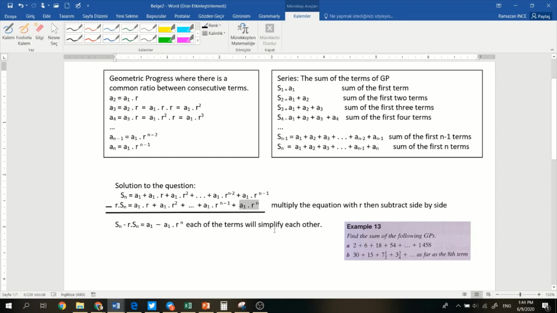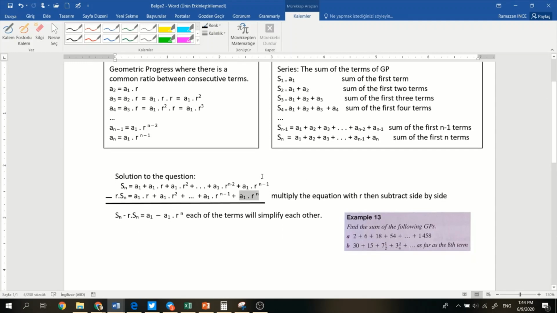After multiplying, subtract them side by side. On the left hand side, we are going to have Sn minus R times Sn. Then on the right hand side, what will happen? Take your attention.